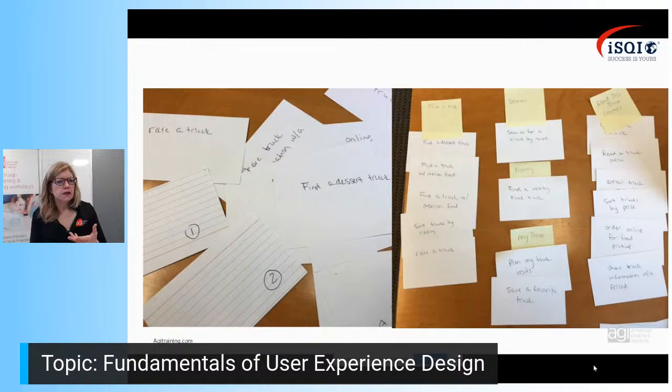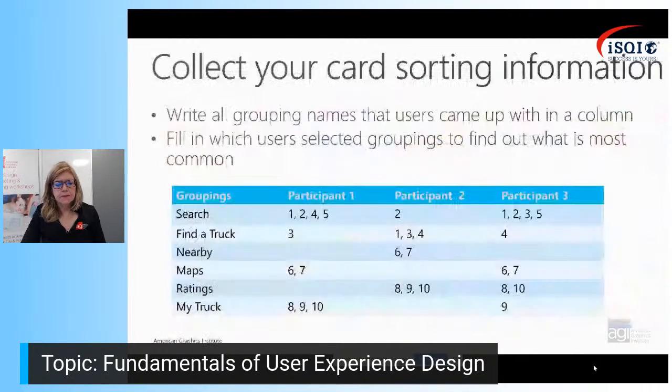So if you're in the medical field or even the financial field, there might be words that you're tempted to use that no one else understands. But if you notice in here, somebody put these in a logical group and then named that first column, find a truck. So I could take that, and maybe if enough people were using these same logical groupings, it might change my navigation and it might make it easier for people to find things.